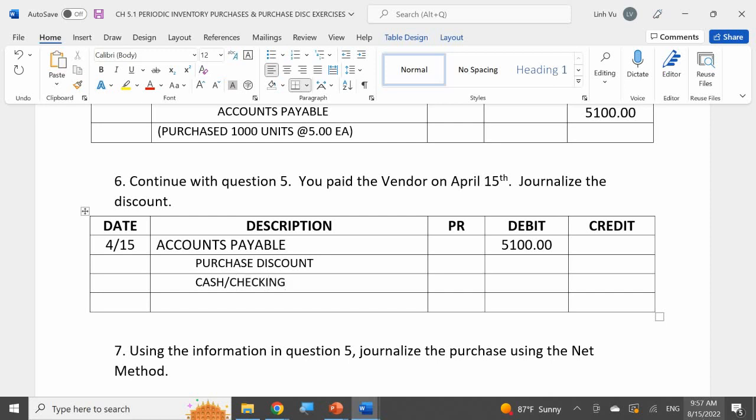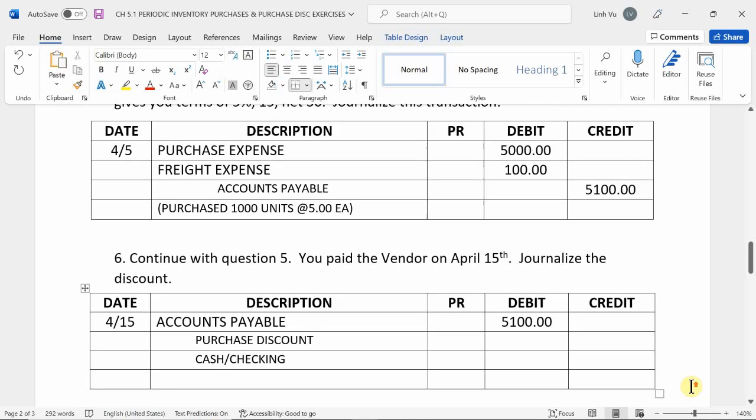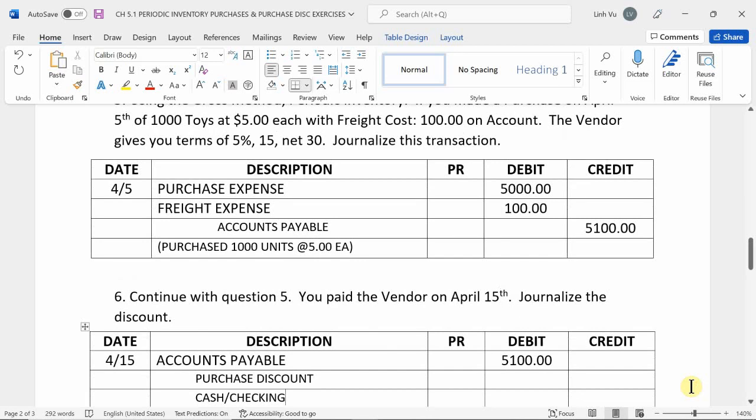Okay. Now the question is, how do I calculate my discount? Which number am I going to take 5% off of? The 5,100. That includes shipping. Can I discount shipping?